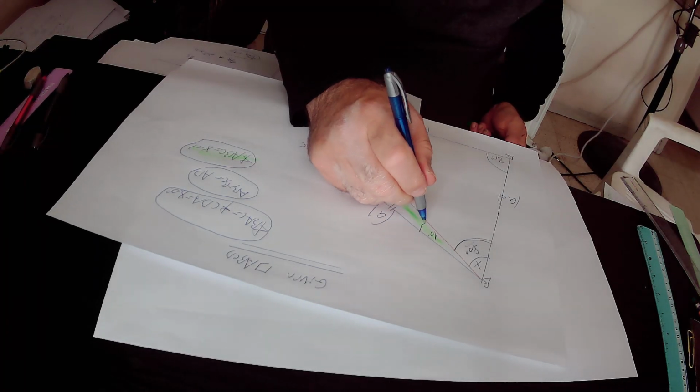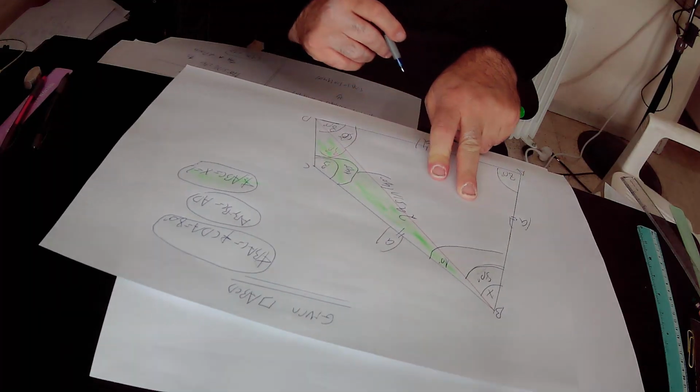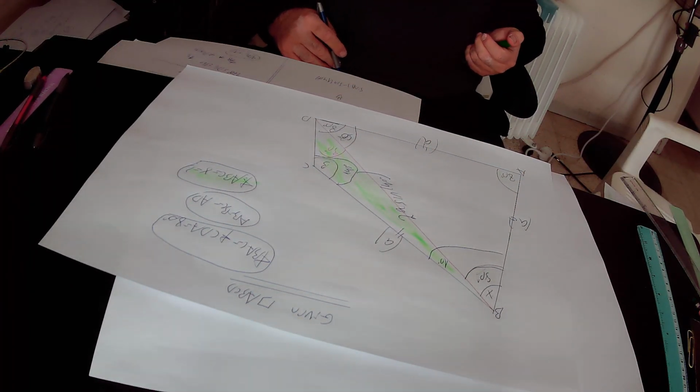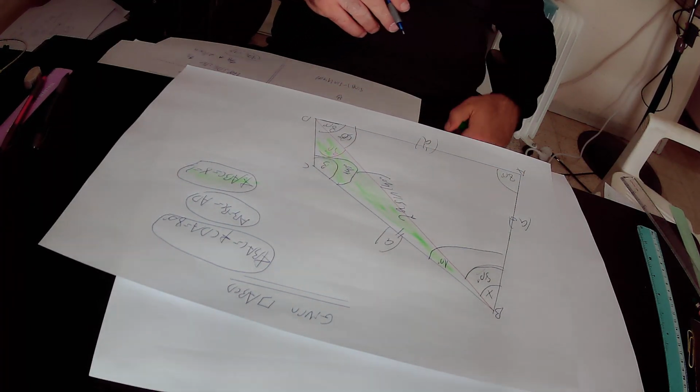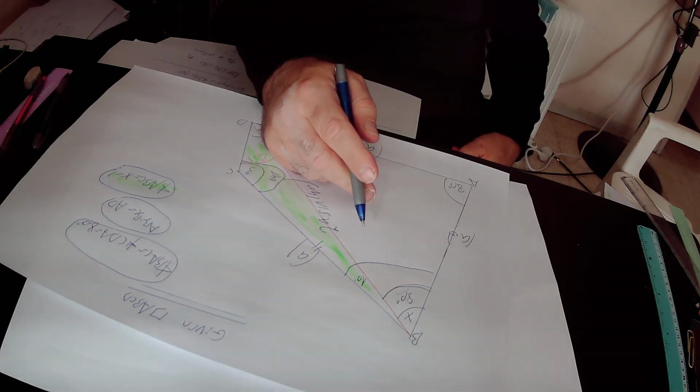Our task is to find out the size of this big angle, angle ABC. From the drawing, it is very easy to see that angle ABC, which is x, is equal to 50 degrees plus 10 degrees, that is 60 degrees.